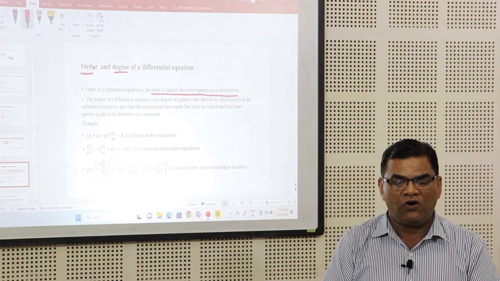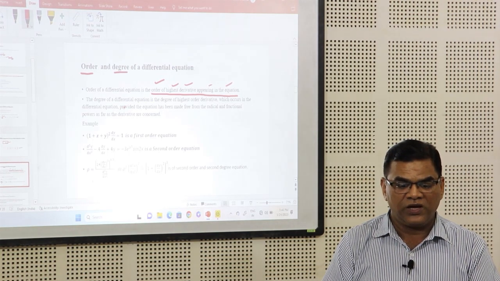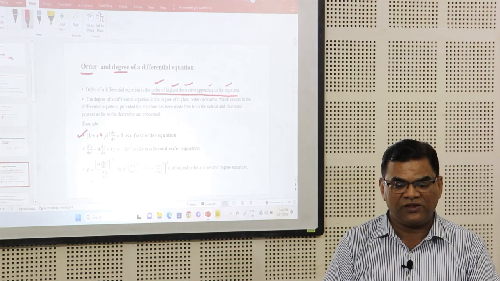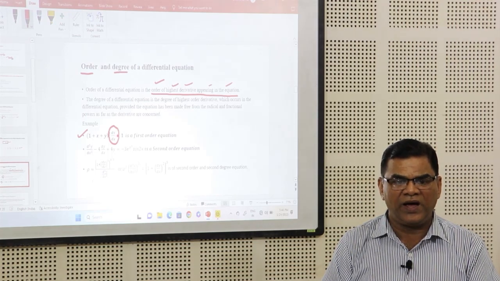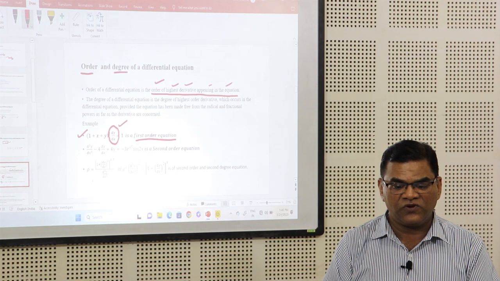For example, consider the equation (1 + x + y)^2 dy/dx = 1. Here we can say the equation contains a derivative dy/dx, which is of the first order. So, we can say the order of this differential equation is first order, or the equation is a first order equation.